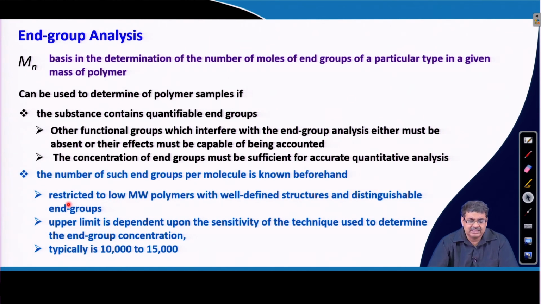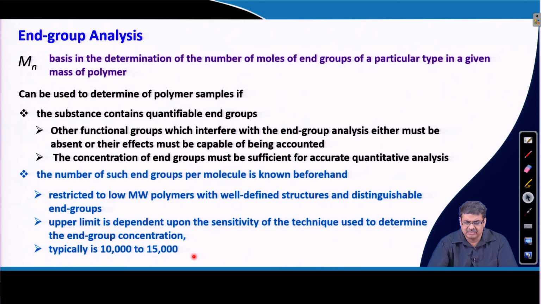Hence, this analysis is restricted to low molecular weight polymers with well defined structure and distinguishable end groups, and the upper limit is dependent on the sensitivity of the technique we are using.